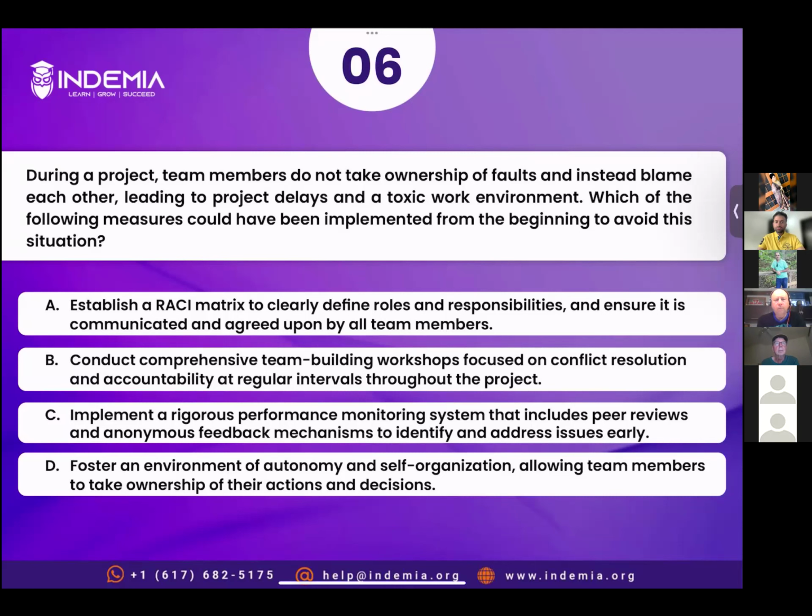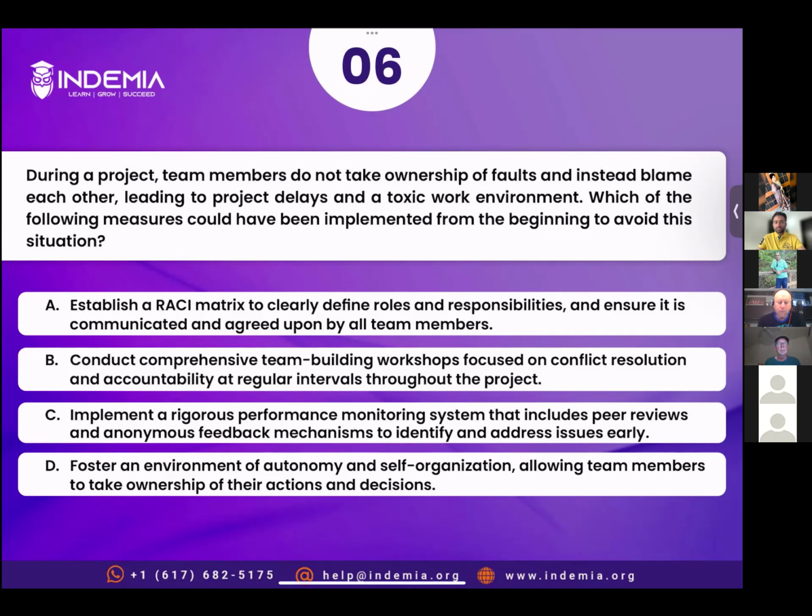If the option says they do not take ownership of work, then maybe foster an environment of autonomy and self-organization would be helpful. But this situation is not just that they are not taking ownership. This is above and beyond that. First, they don't take ownership of faults. And second, they play a blame game. And you can play a blame game when you don't have defined roles and responsibilities.